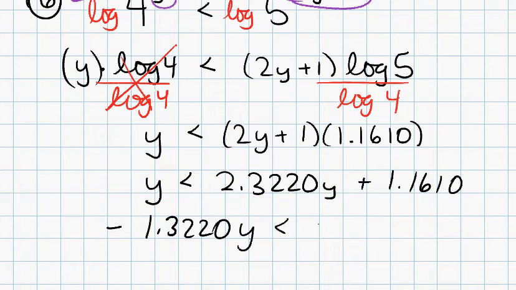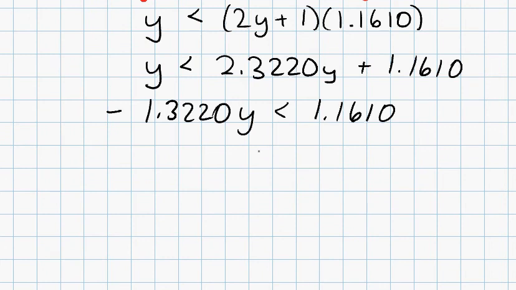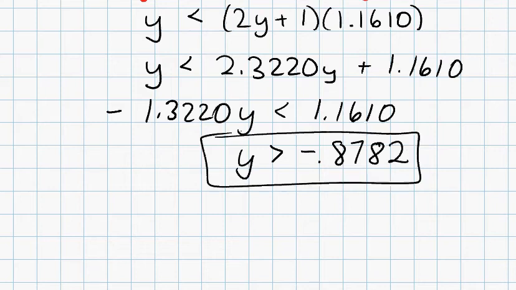Y is less than 1.1610. When you divide by a negative number, your sign flips over. And I divided that wrong. Let's try again. Negative 1.3220. I get negative 0.8782 as my answer. I hope you did as well.